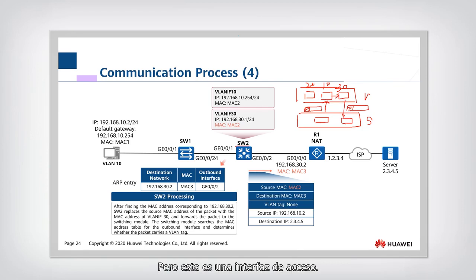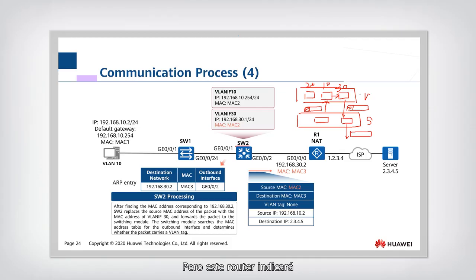But this is an access interface. So when the access interface transmits the packet out, the tag 30 is removed. So there is no tag any longer. So here you can see that the VLAN tag has already been removed.